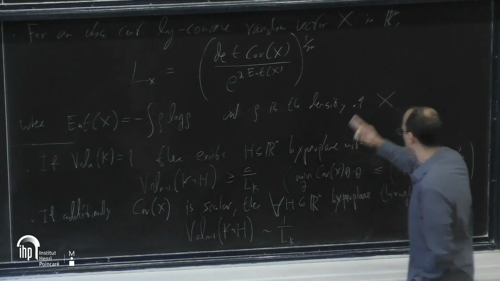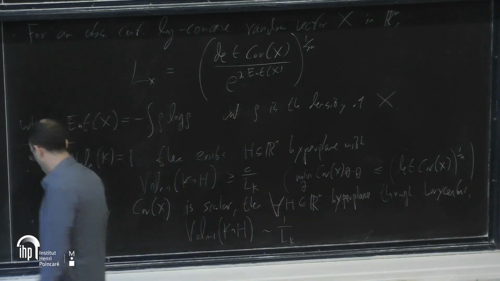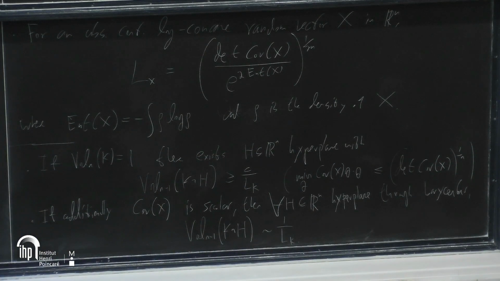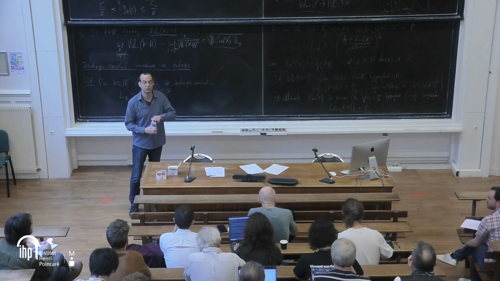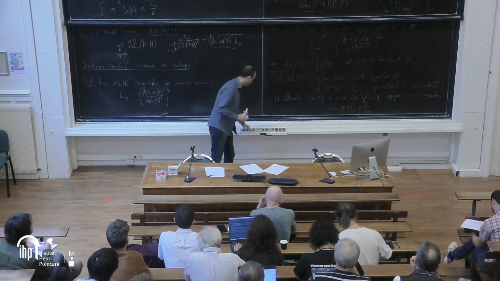So we're in the situation where all sections have volume 1 over L_K, and you don't know what this common value is. Okay, questions about this isotropic constant, the definition? Maybe let's say a few of its properties. No questions?